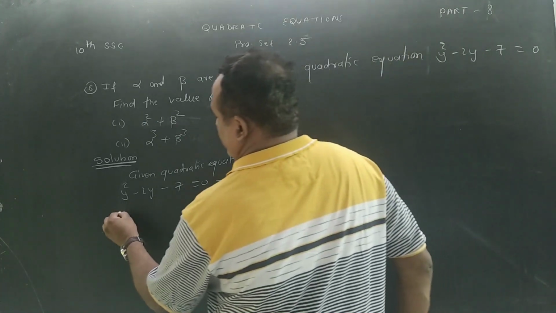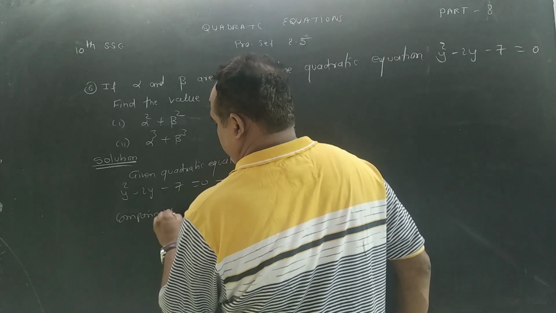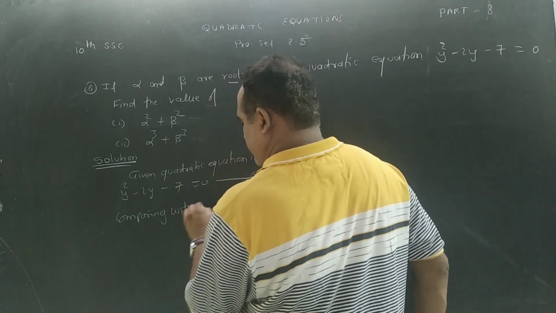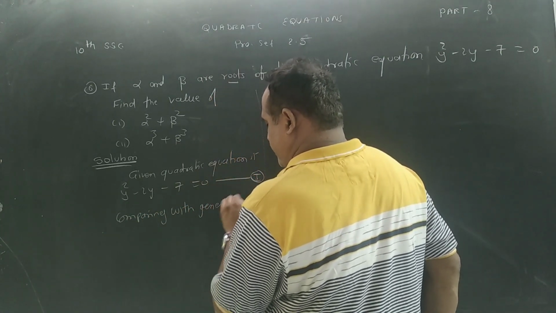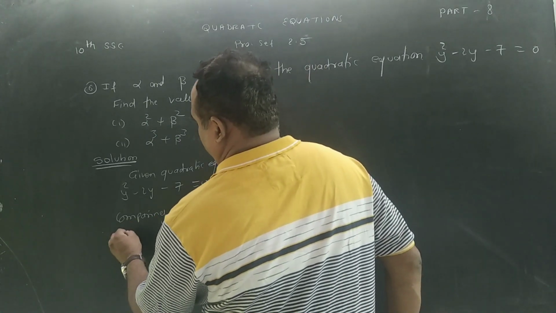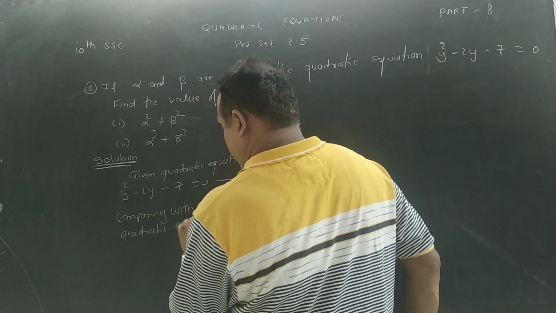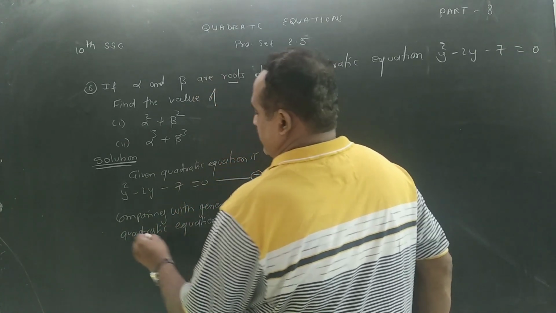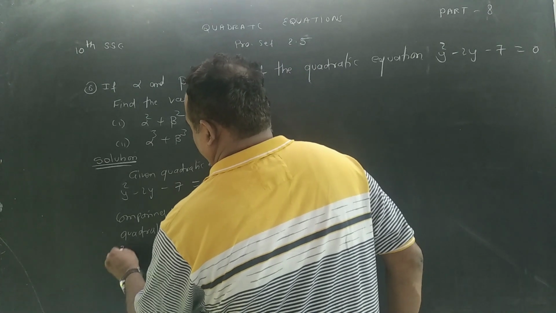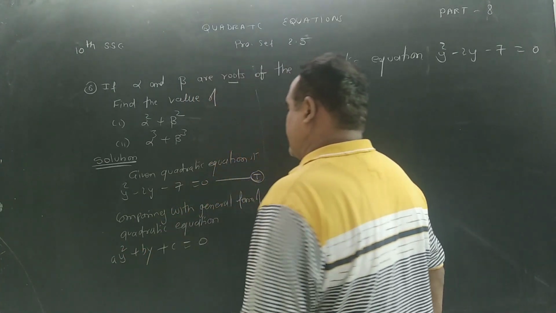And what I'm going to do is compare with the general form of quadratic equation, that is a y square plus by plus c is equal to 0.